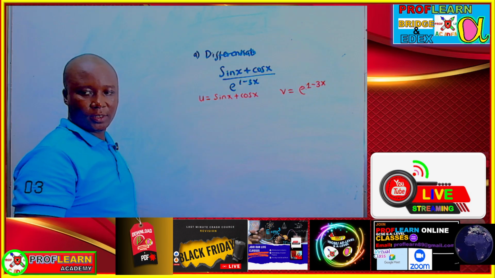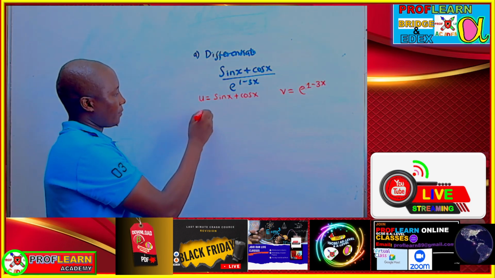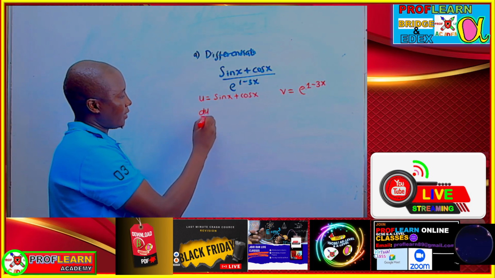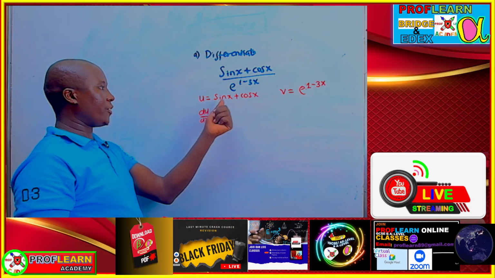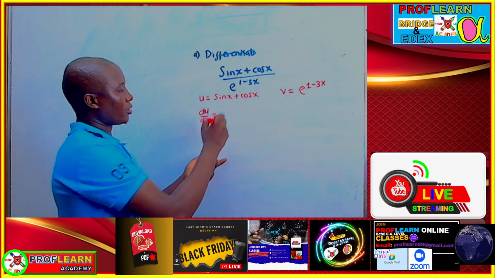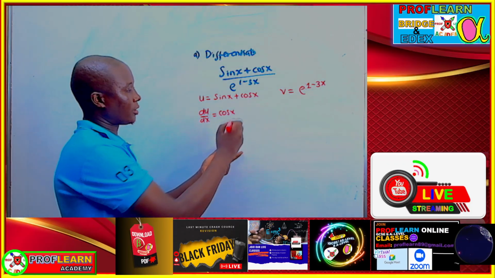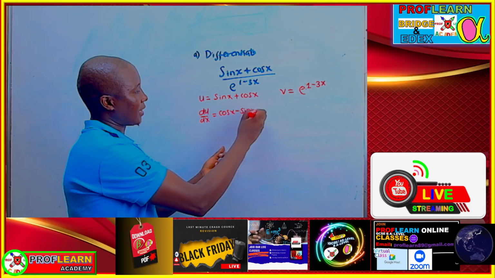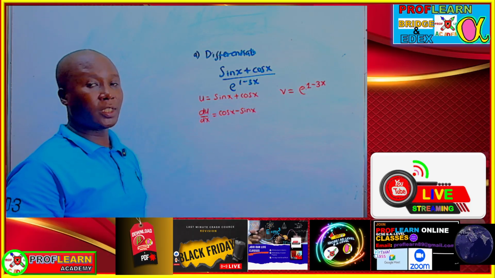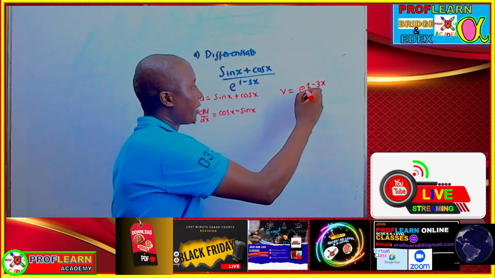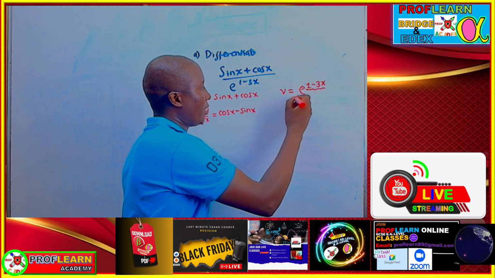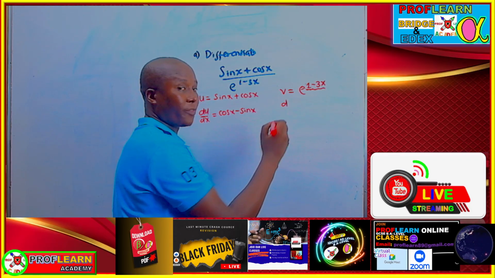Now with this, du/dx: if you differentiate sine, that's going to be cos x. If you differentiate cos, that's going to be minus sin x. If you differentiate an exponent, you usually differentiate the power, then you multiply it in front of the function.